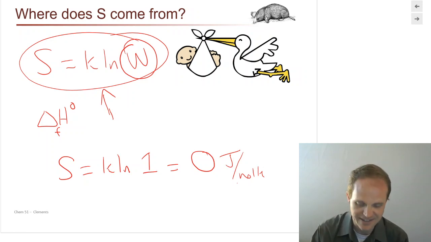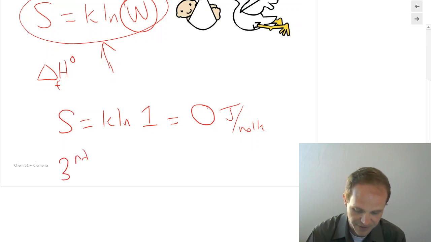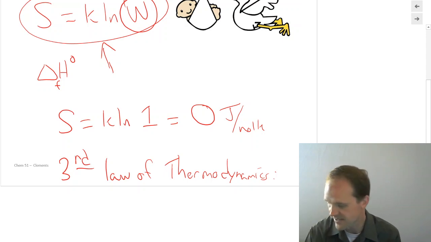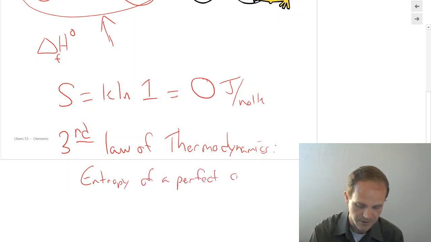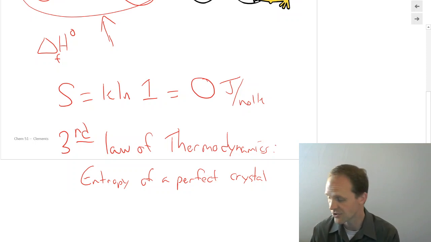We're not going to get into the details of all of that, but let me go ahead and give you the third law of thermodynamics. The third law of thermodynamics says this. The entropy of a perfect crystal, right? And a perfect crystal is one where everybody's perfectly arranged and it's infinitely large.